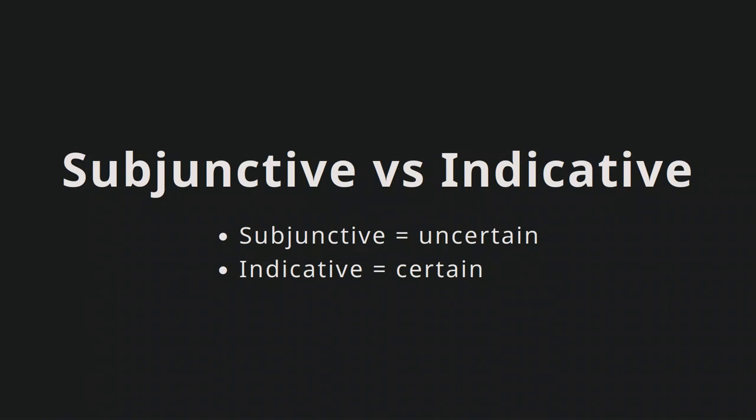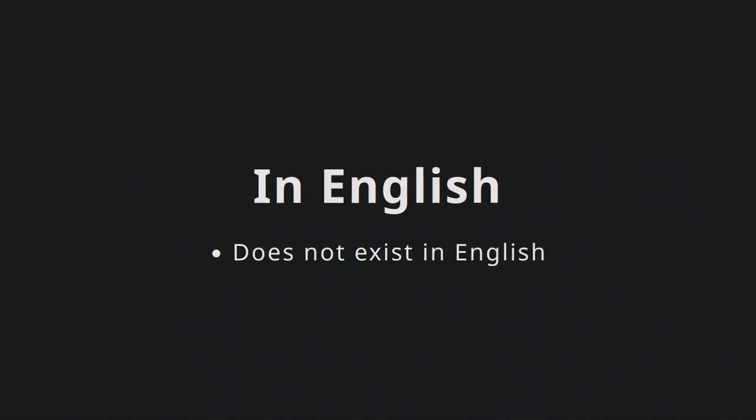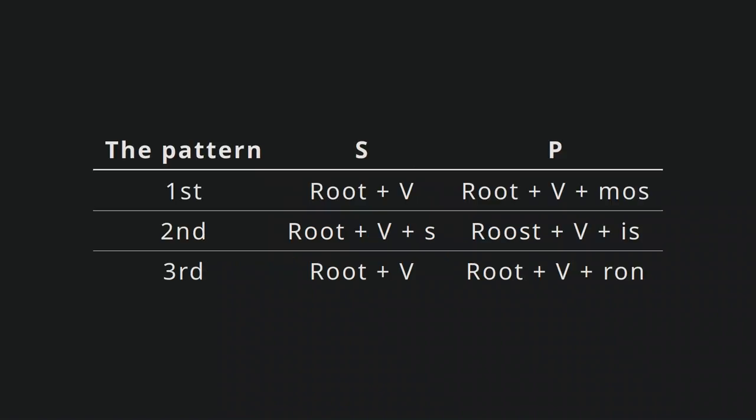So if you can think of it as indicative, like you can indicate it, versus subjunctive, it's subjective, things are not certain, that could perhaps help you remember how and when to use these things. In English, the subjunctive does not exist, so it's a bit difficult for English speakers to get their mind around it, but after we go over today's video, hopefully you'll have a better idea.